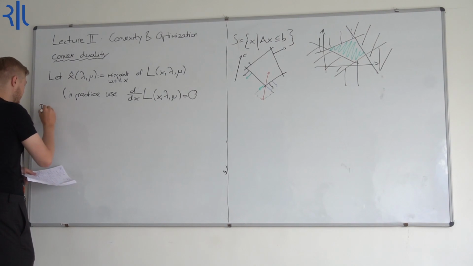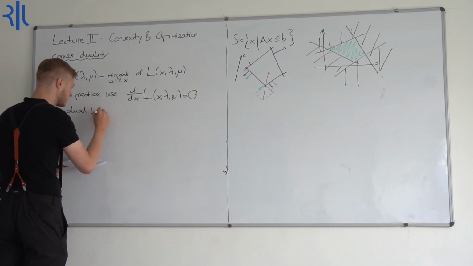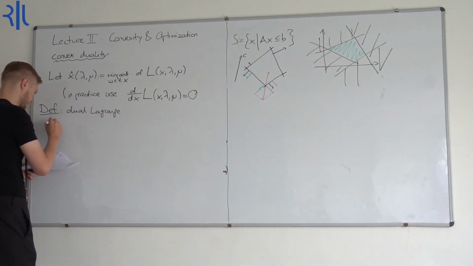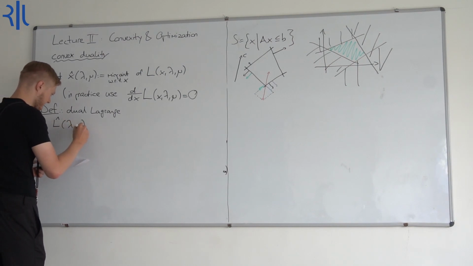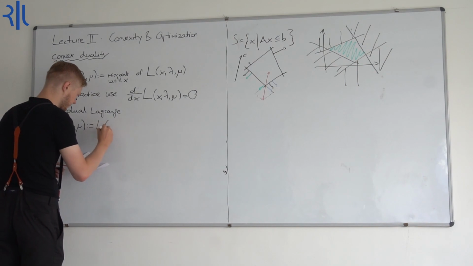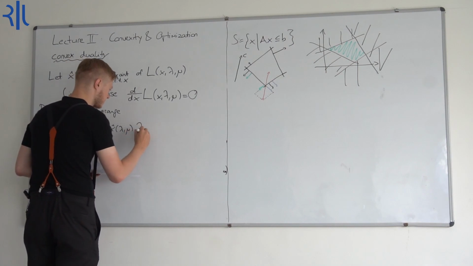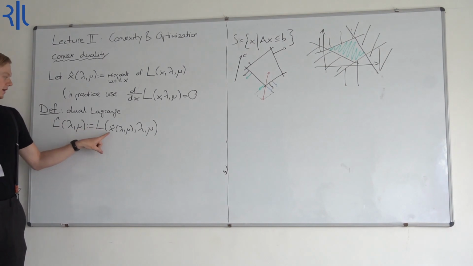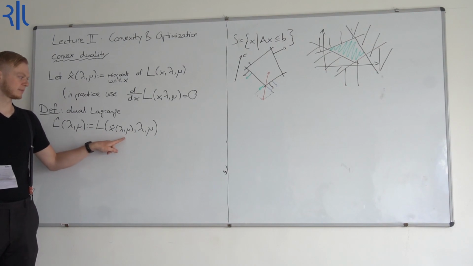And with that, we can define the dual Lagrange function, which we get by just plugging in the minimal point with respect to x that depends on lambda and mu.